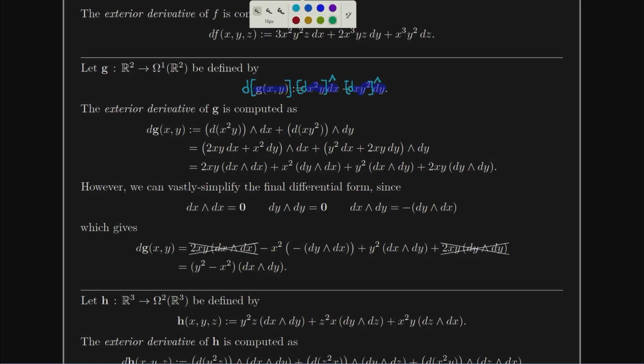But each of these coefficients is individually a zero form, and I already know how to take the exterior derivative of a zero form. So I'm going to go ahead and compute the exterior derivative of this zero form, which is just like what we started with earlier. I'm going to take a partial derivative in x of this, and I'm going to get 2xy. But I'm going to multiply by the differential in x, dx. And then I'm going to take a partial derivative in y, which is going to give me x squared, and I'm going to multiply by the differential of y, so I get dy.